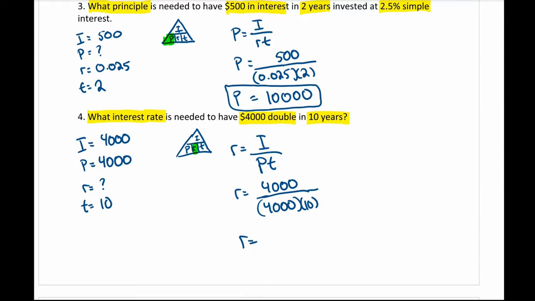R equals 0.10, and this is the decimal version, so therefore the rate is actually 10%, because 0.1 represents 10% as a percentage, so 10% is 0.1 as a decimal.